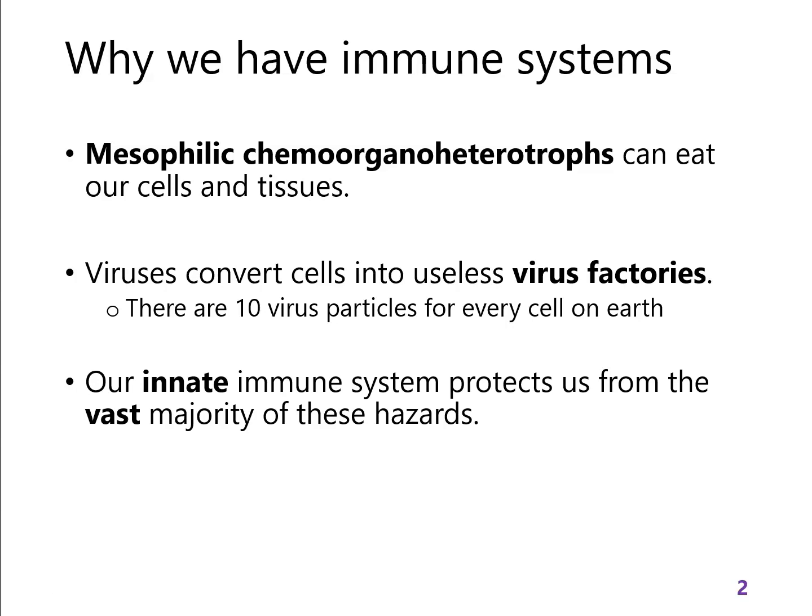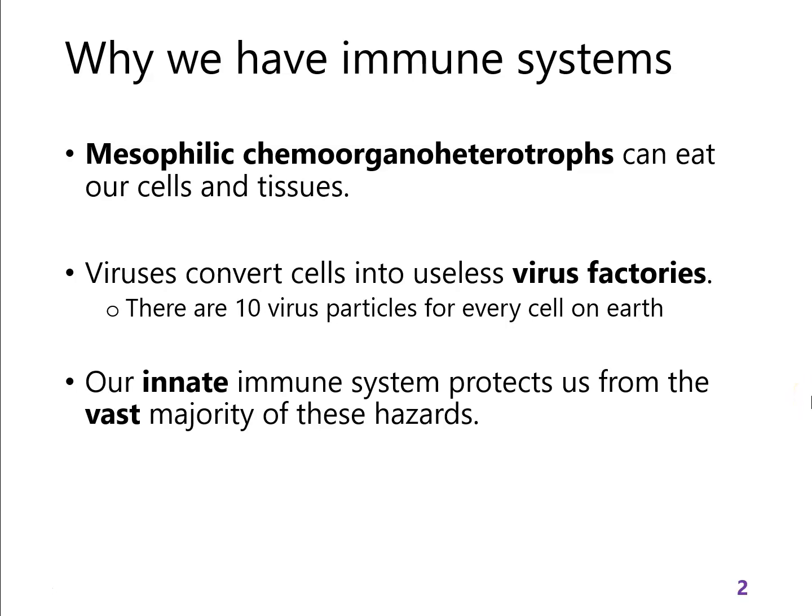And our immune systems protect us. Most of the time, the innate immune system protects us. That includes things like skin, and that's protecting us every second of every day of our lives from bacteria and fungi in the dust that fall on us, or in the soil we stand on, or whatever. So our innate immune system is protecting us from the constant exposure to all the different bacteria and viruses.